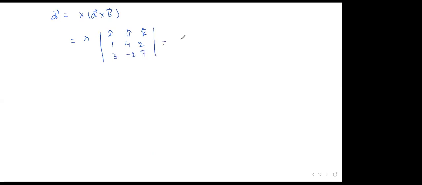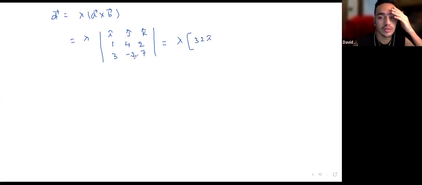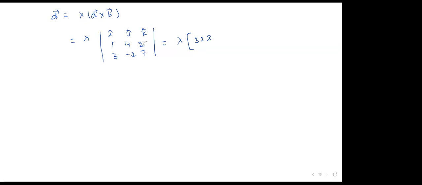This will be lambda times, and take I cap: 4 times 7 is 28, plus 4, that is 32 I cap. If you take J cap, then you have 6 minus 7, minus J cap, that is minus 1 J cap.